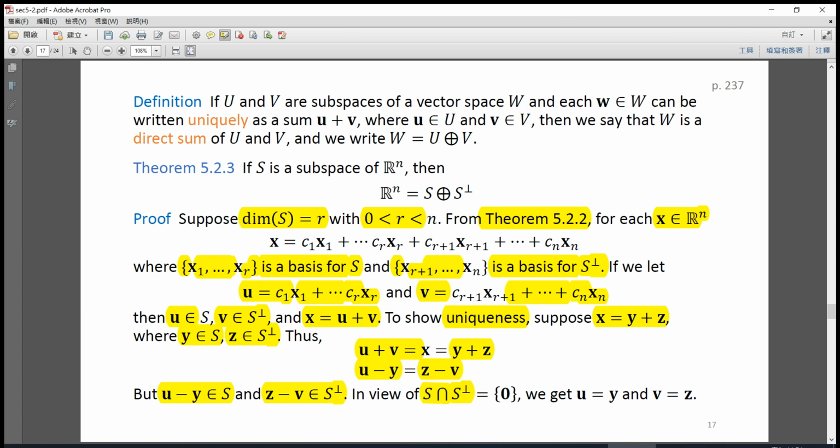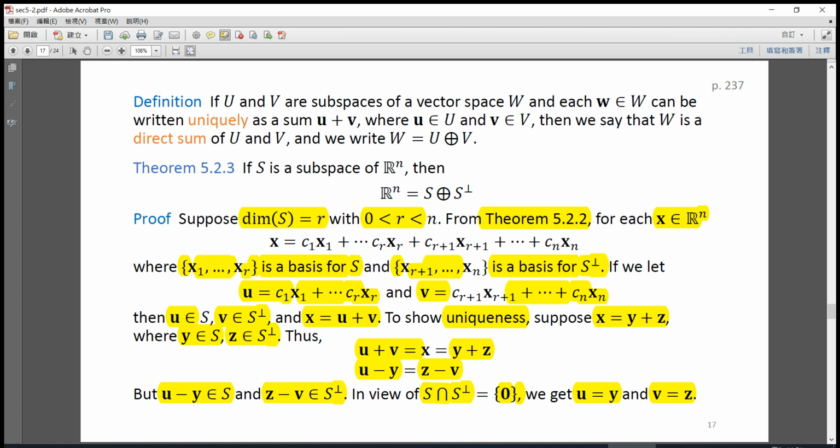However, the intersection of S and S perp is the set containing the zero vector. Therefore, both u minus y and z minus v are the zero vector. Hence, we have u equals y and v equals z, and therefore the uniqueness is proved.